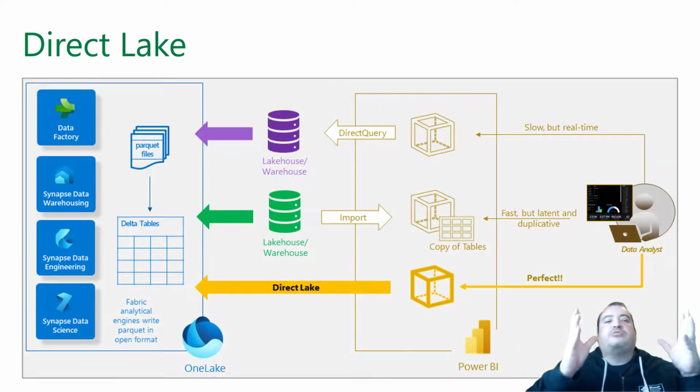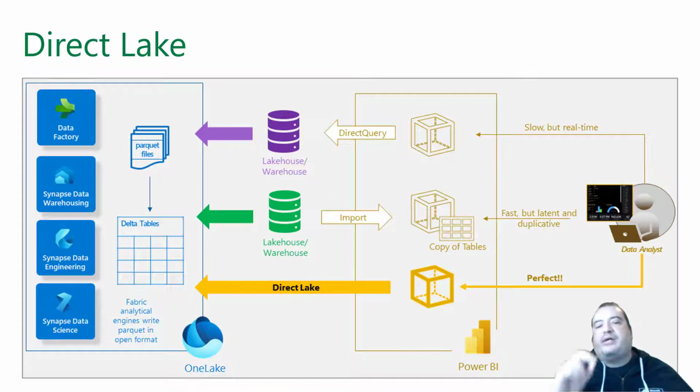The big news, the DirectLake. What's the difference between the DirectLake and the import and DirectQuery? If you take a closer look at this slide, you notice that both import and DirectQuery have a middleman. There is a middleman translating the query to the storage.